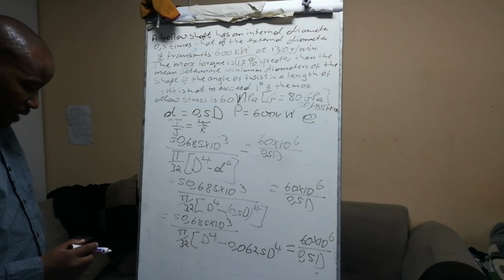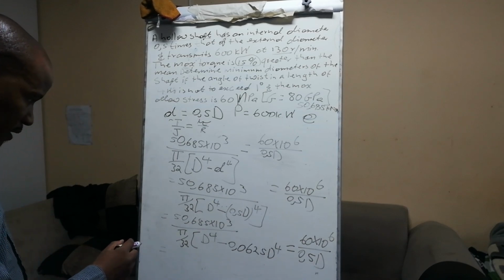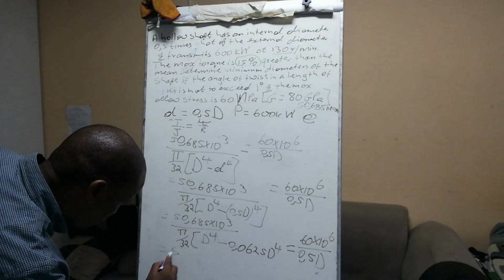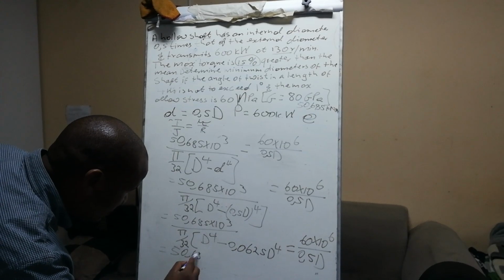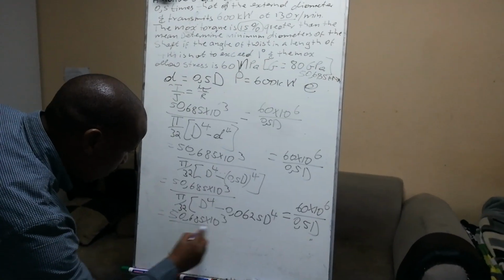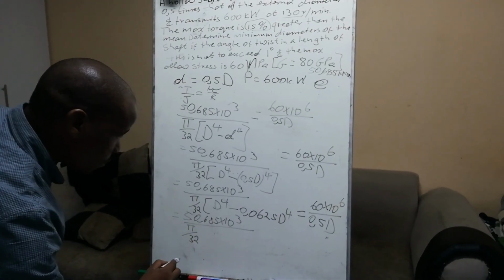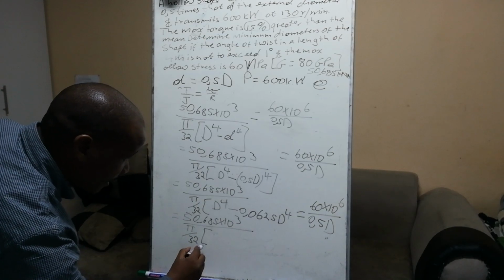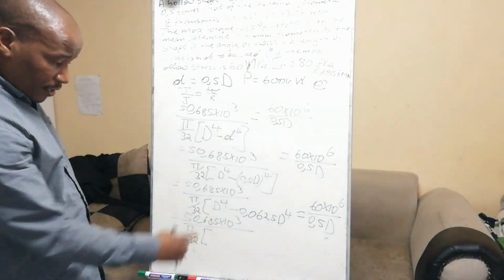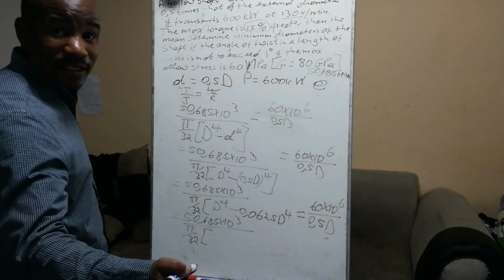Can people still see the writing? Let me finish it. It is equal to 50.685 multiplied by 10 to the power 3 over pi over 32, brackets. Let's say this is 1 here. It's 1 minus this. These are like terms, so I can just subtract.